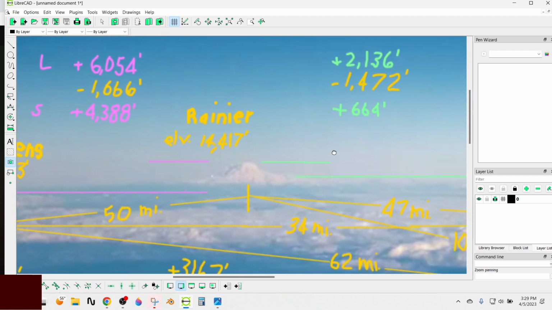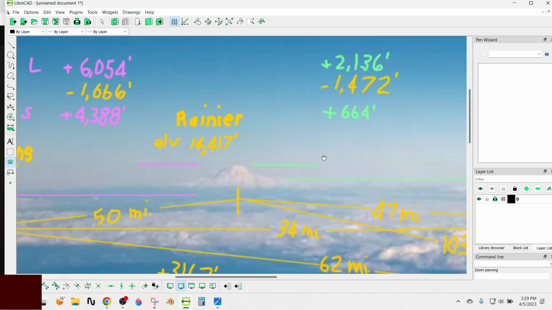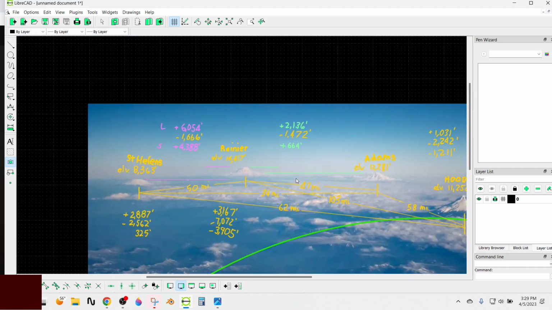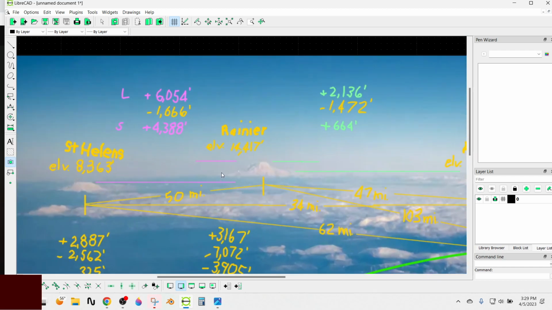So with the difference of the mountains and everything we have gathered, with Mount Rainier being 2,136 feet higher in elevation than Mount Adams, in this photograph, that is what that distance is. And the same applies to here.